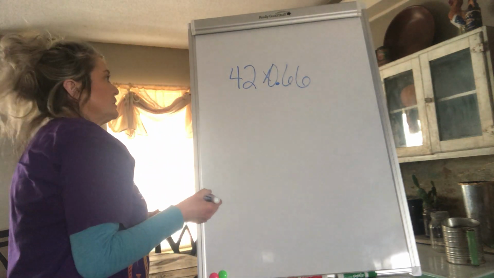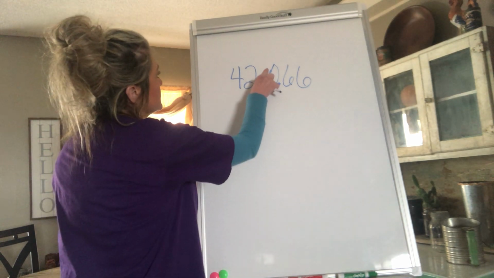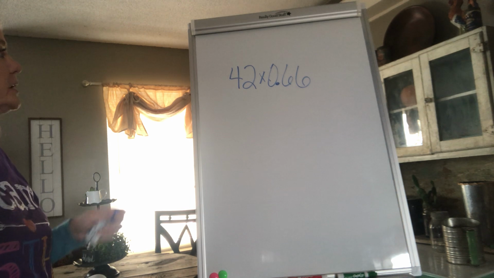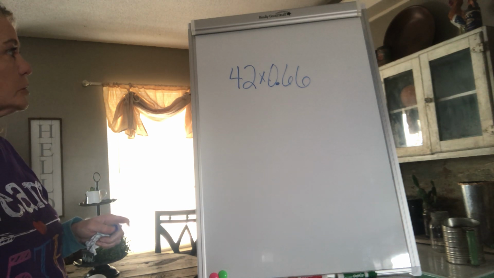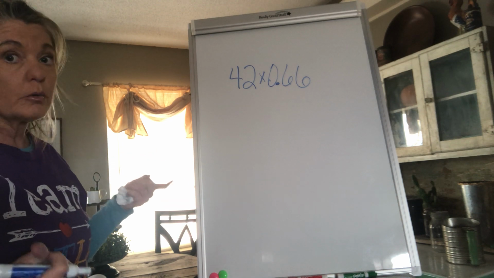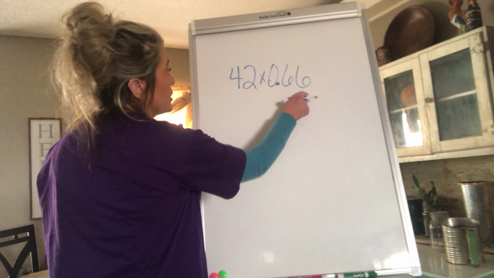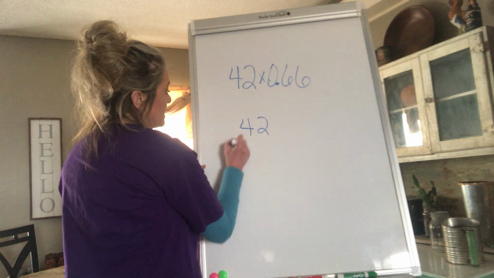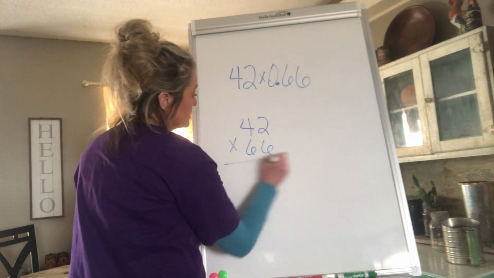Okay? 42 times 0.66. All right, now we know that we can multiply those whole number parts to get our answer over there, and then we know already that our answer is going to be to the hundredths place, don't we? So we have 42 times 66.